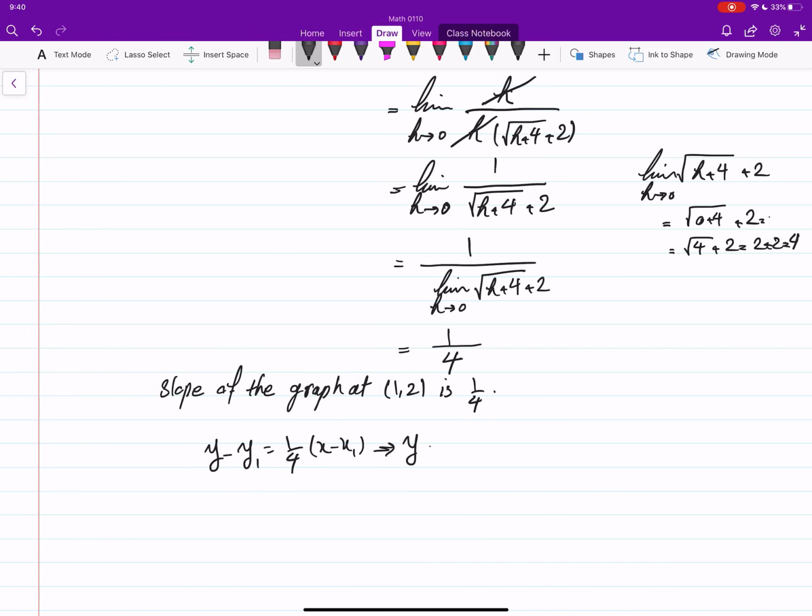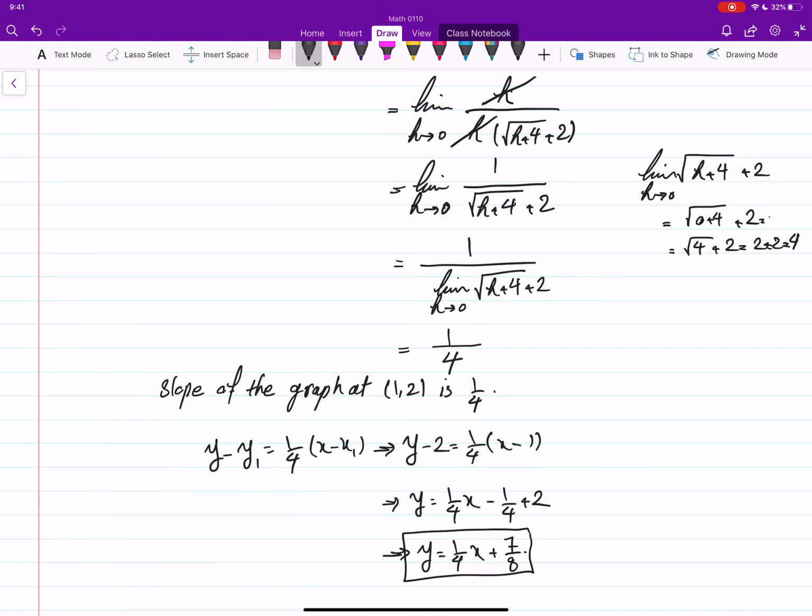This gives me y minus 2 equals 1/4 of x minus 1. Simplify. This is 1/4 of x minus 1/4 plus 2. That gives me y equals 1/4 of x plus 7 over 4. And that is an equation for the tangent line to the graph of the function at that point.